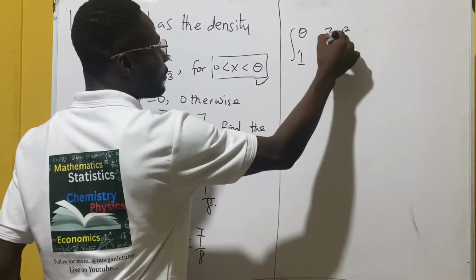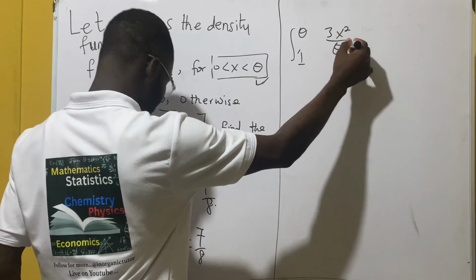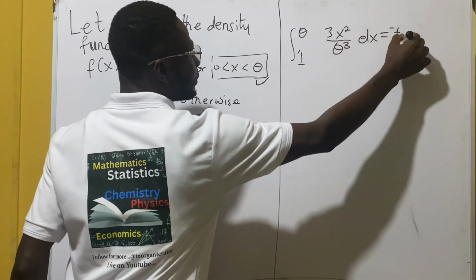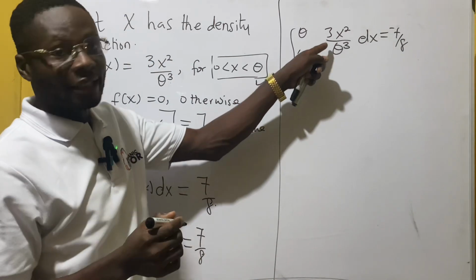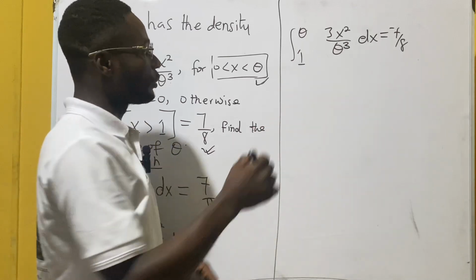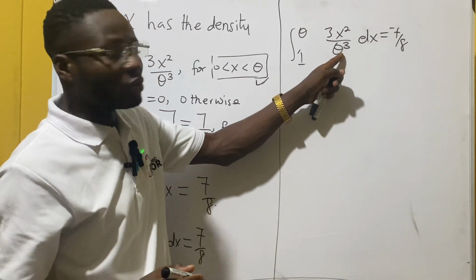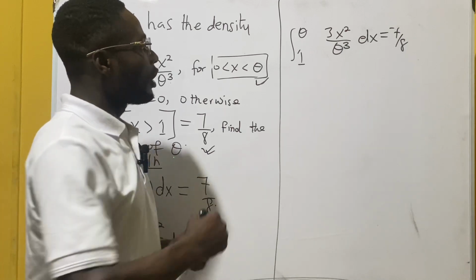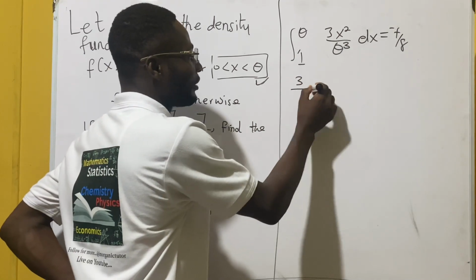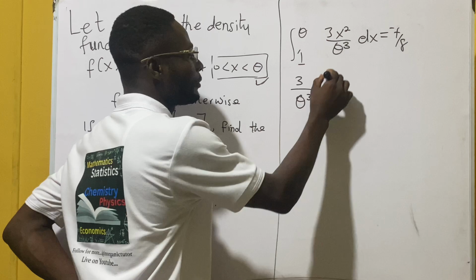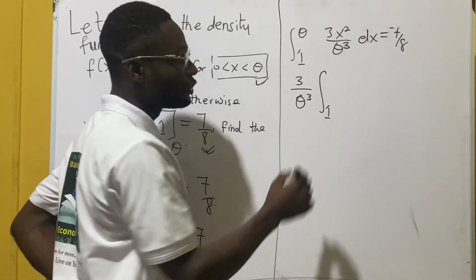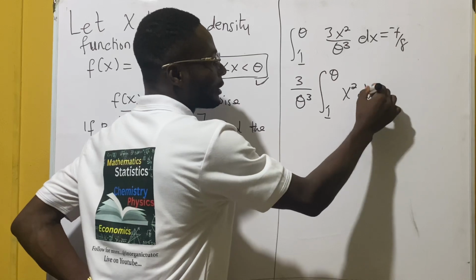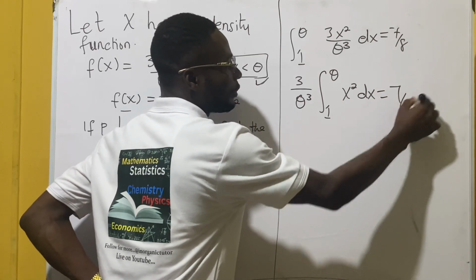You can factor the 3 out because it's a constant. You can even factor the theta cubed out because that is also a constant. So we have 3 over theta cubed times the integral from 1 to theta of x squared dx, and that's equal to 7 on 8.